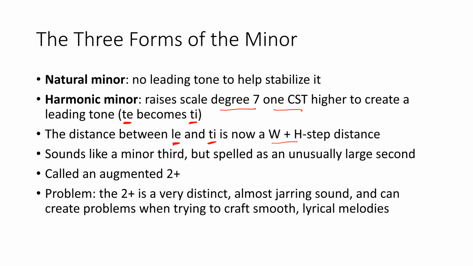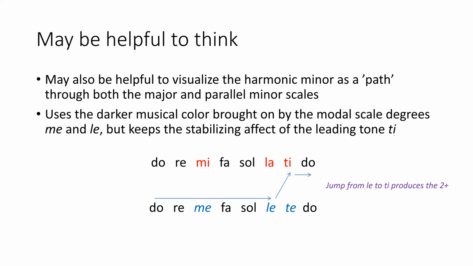And that presents a problem for the minor because that augmented second, like the tritone, is a very distinct, almost jarring sound and can create problems when trying to craft smooth lyrical melodies. So again, the minor mode in its harmonic form is not only difficult to control because of re to lay being a tritone, lay to T is a harmonic augmented second, and that creates another little wrinkle on your way to trying to craft a smooth lyrical melody.